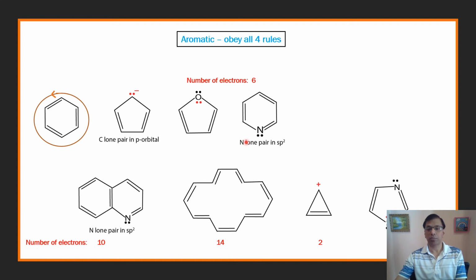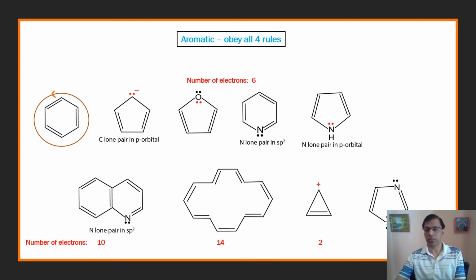This molecule is pyridine. In pyridine, there are 3 double bonds. That means there are 6 delocalized electrons. Each double bond is equal to 2 delocalized electrons. Note that the lone pair on nitrogen is in an sp2 hybrid orbital and does not take part in delocalization.